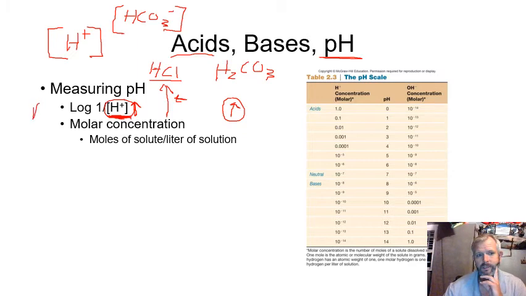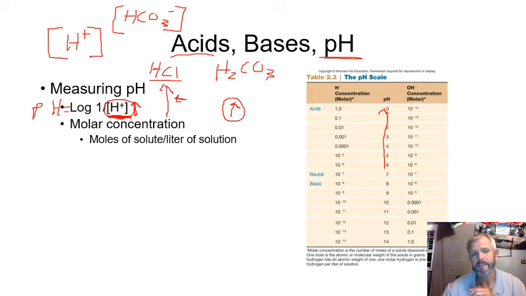Because pH is equal to the log of 1 divided by the amount of hydrogen ions, acids make this number larger, and therefore you can see acids make the pH number decrease.